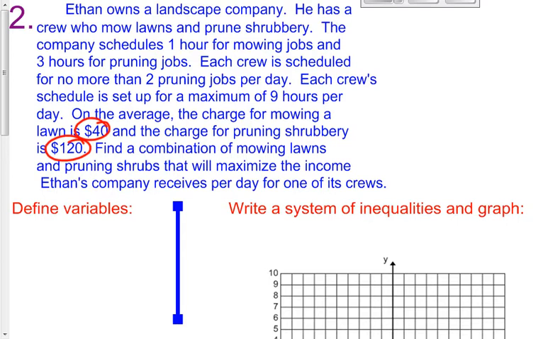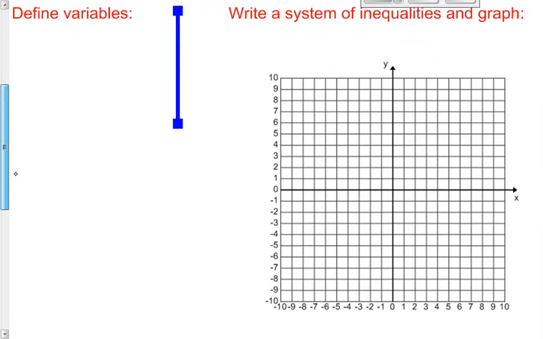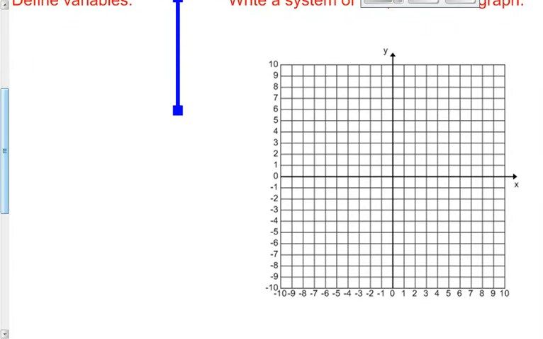So as we define our variables, hopefully you guys can see on your graph paper that I've given you in the notes, it says what the x variable and what the y variable is. It says the x variable is mowing jobs, something like mowing jobs over here. And here it is pruning on the y variable.